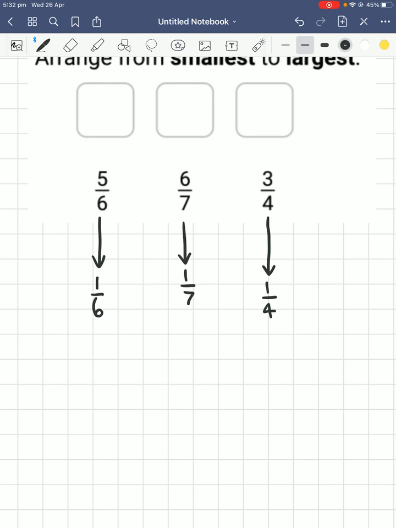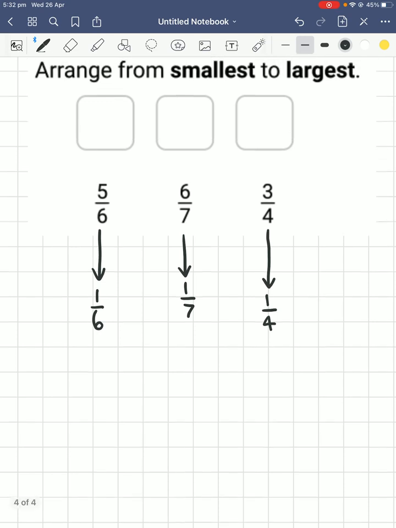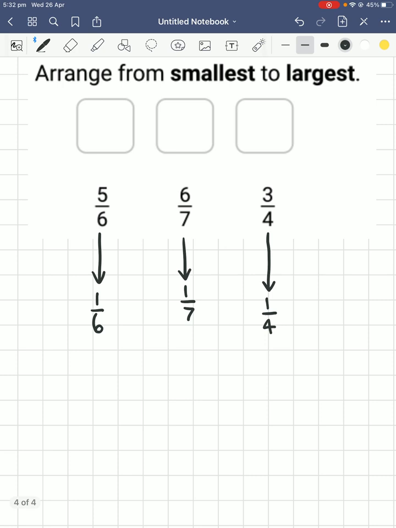Okay, so I've got my unit fractions now. I can arrange the unit fractions first, and that will help me to arrange the original fractions that they gave me in the question. So I know straight away that if my denominator is larger, the fraction will be smaller if it's a unit fraction. So I know this is my smallest unit fraction, 1/7.